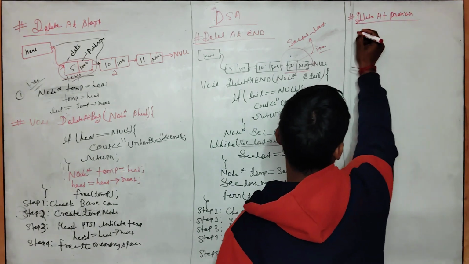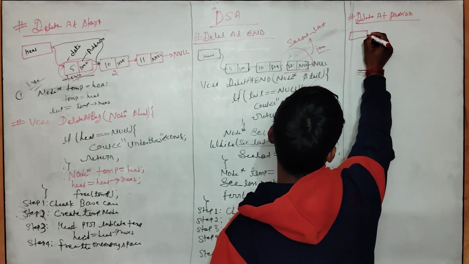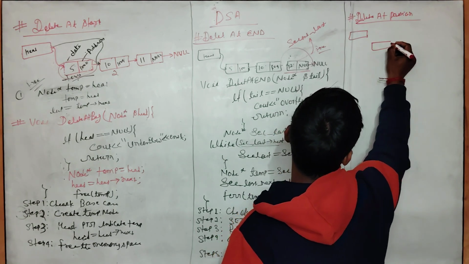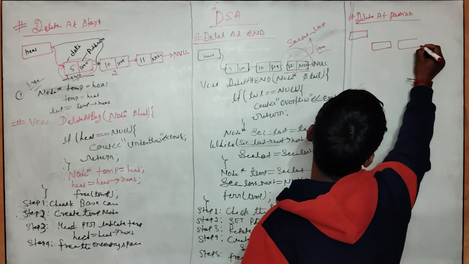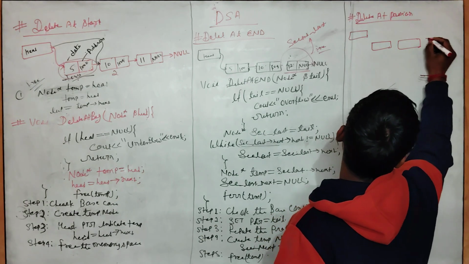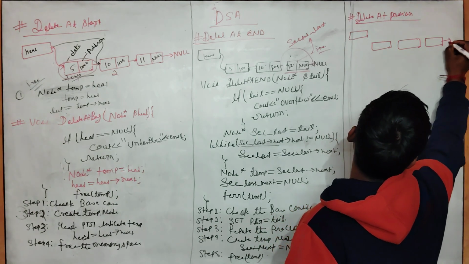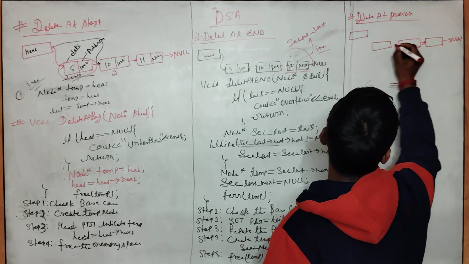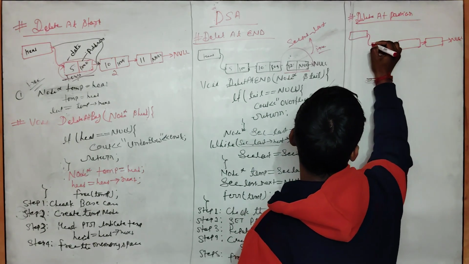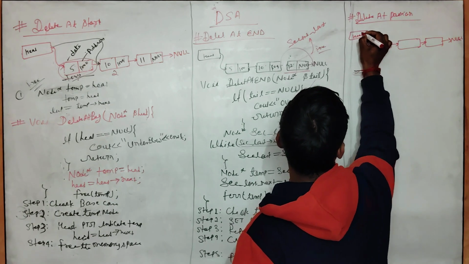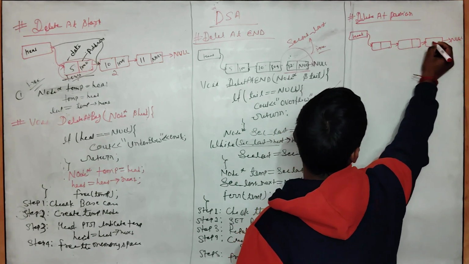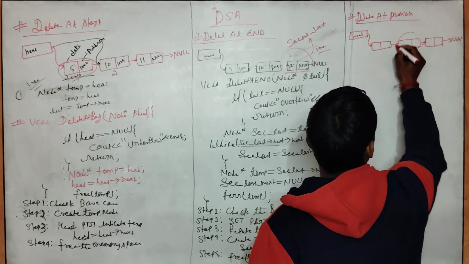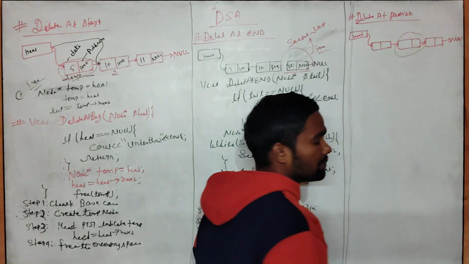Suppose I am creating one head pointer. Here I am creating a node, and here a null value. Here head, here data.